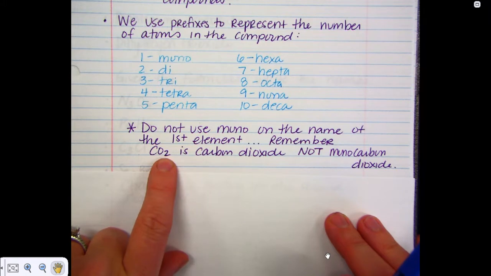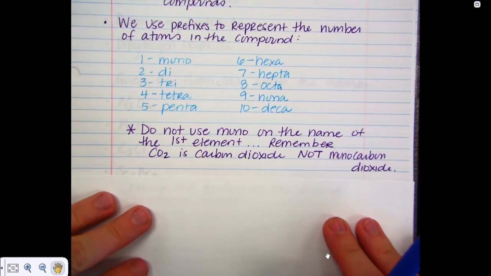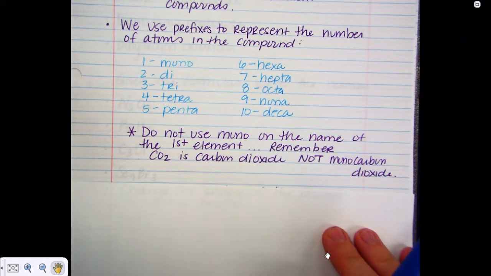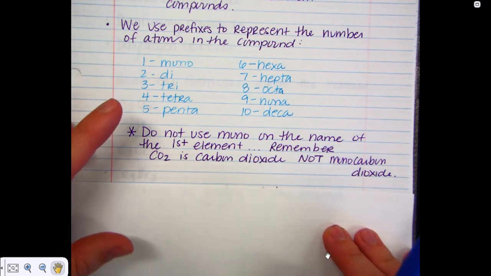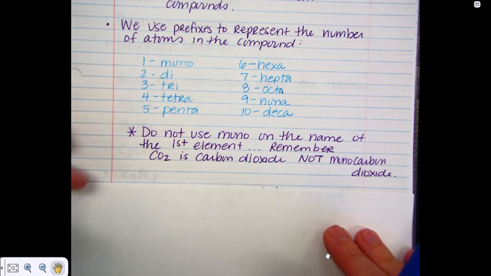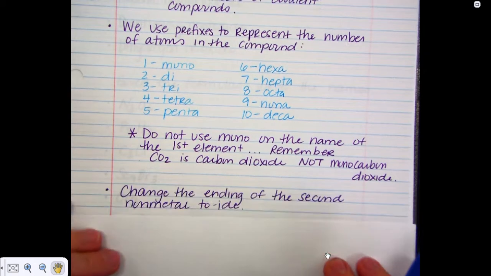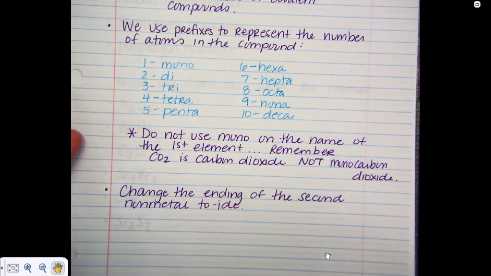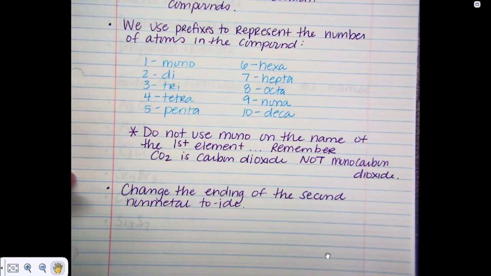That would be weird. We just don't do that. But if we have a situation like CO, you know that CO is called carbon monoxide. So we can use mono on the second part, just never, ever, ever on the first part. Okay. And we're going to make sure that when we are writing the name of the second element, we change the ending to IDE. It's just how we do it.